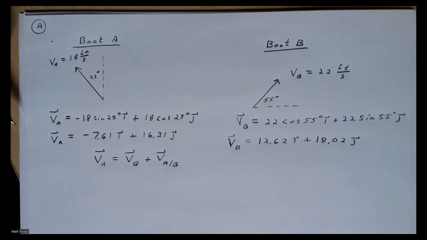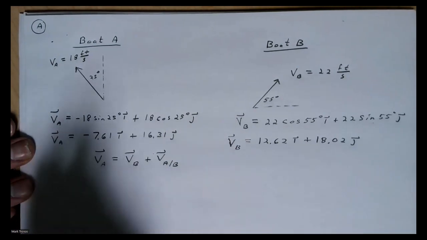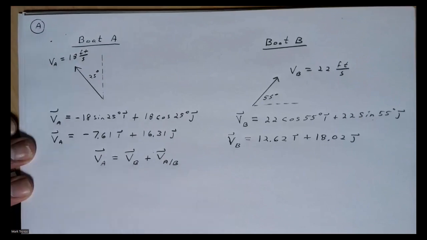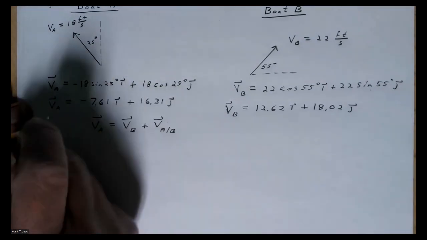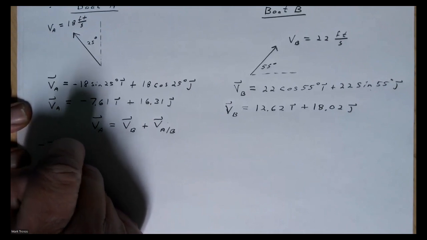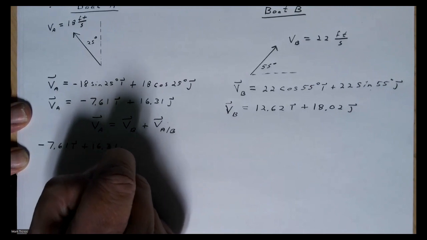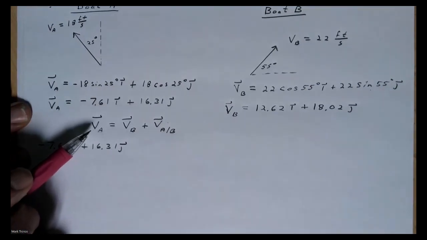And now all we have to do is put our values in. So over here, we have this. Let me just move this up just a little bit. So put this in: negative 7.61 I plus 16.31 J. I'm just putting VA into our equation.